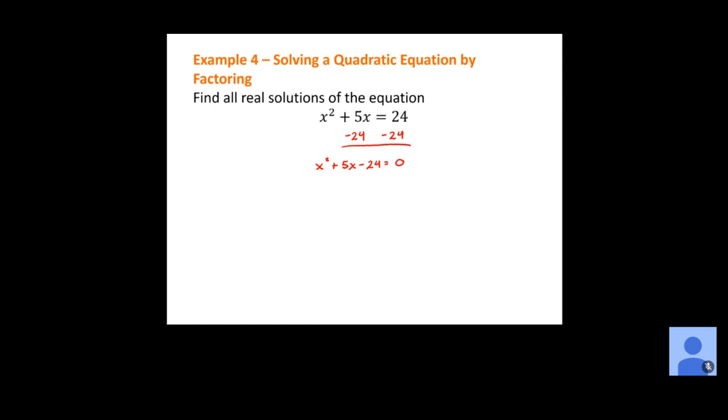Now, once we set our equation equal to 0, what do you think we're going to do next? Now we need to factor. Good. All right, so think back to all those things that we did back in section 1.3. Right? If we want to factor this now, what am I going to start with?